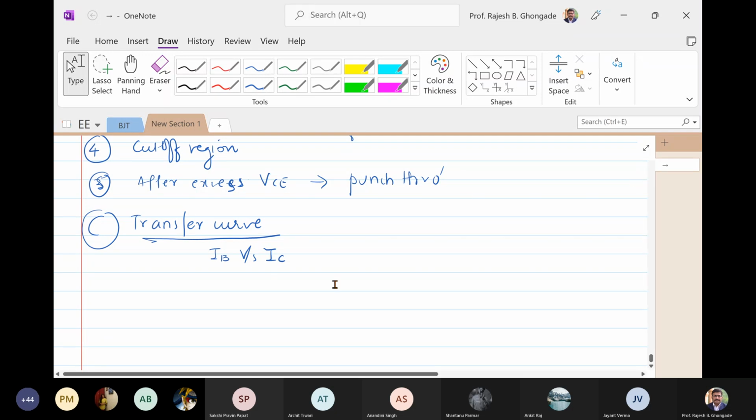So if this is your IB in microamperes, and if this is IC in milliamperes, it will be a curve.